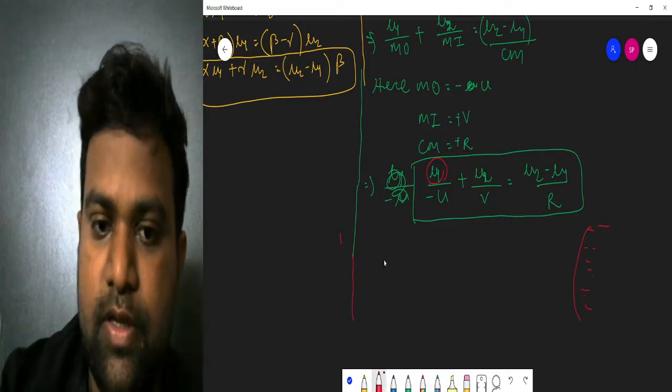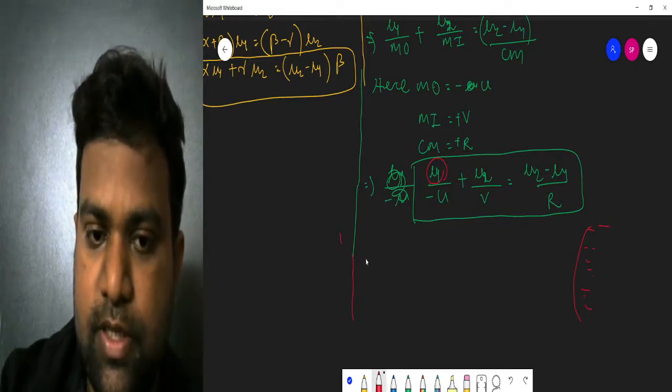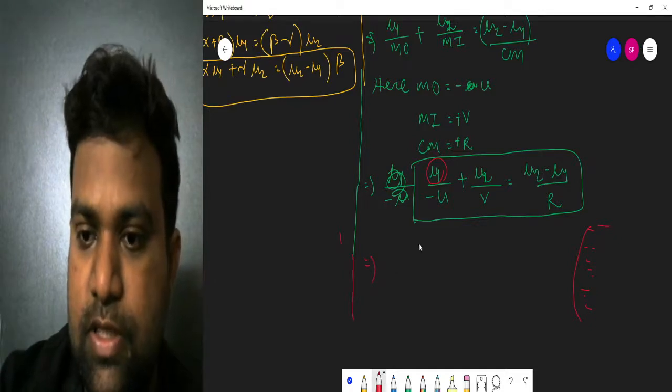But remember, this formula you can derive also for other cases and you will get the same result.